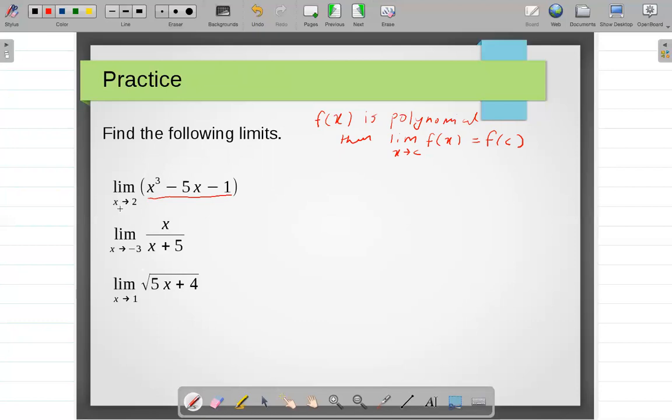So we are saying x goes to 2, then when x approaches 2, this whole function is going to approach 2 cubed minus 5 times 2 minus 1, which is 8 minus 10 minus 1, which is also 8 minus 11, which is negative 3, right? This was not clear. I mean to say this is then.